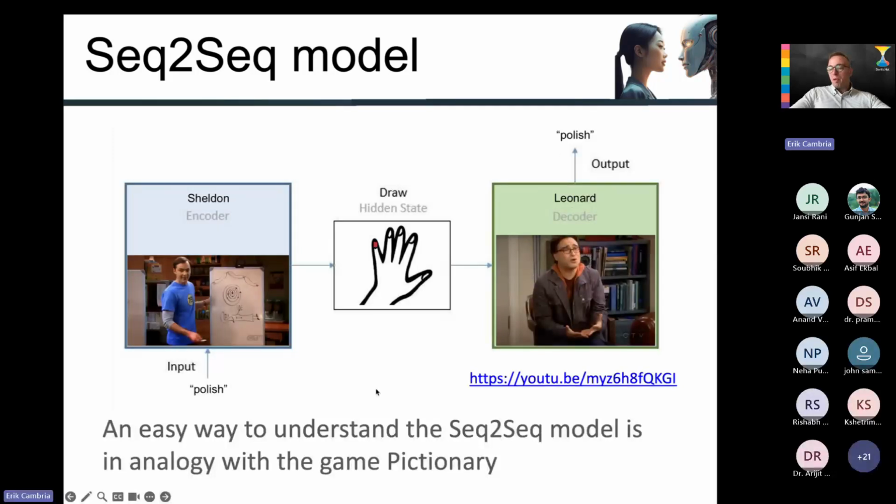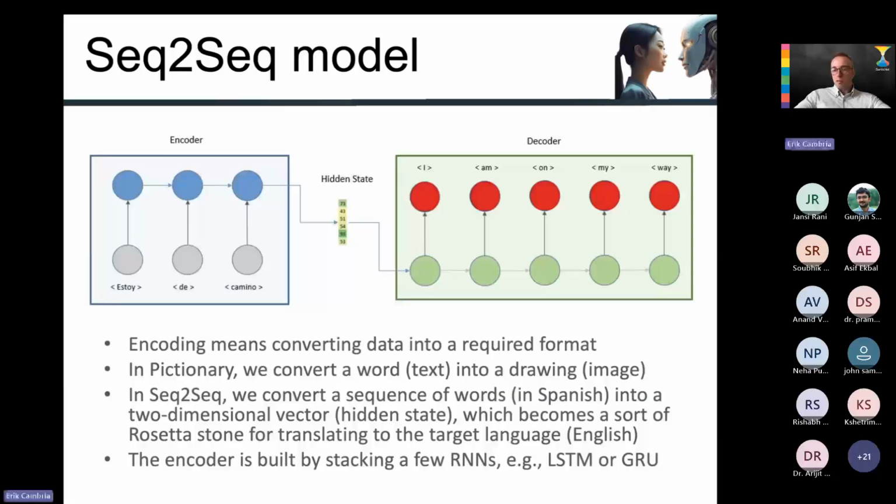Now, in the game of Pictionary, it's just a game, but why can this be useful? Because when we want to do, for example, machine translation or any kind of sequencing task, this can be very useful. The reason why this was interesting, and also the state of the art for a very long time, is that it's, as I said, quite cognitively inspired.